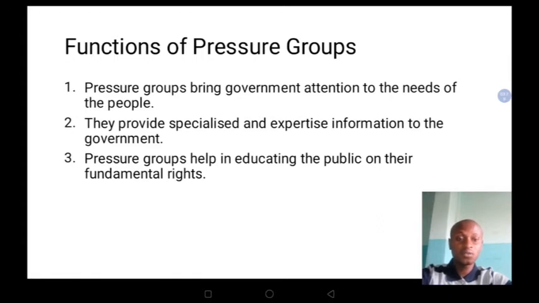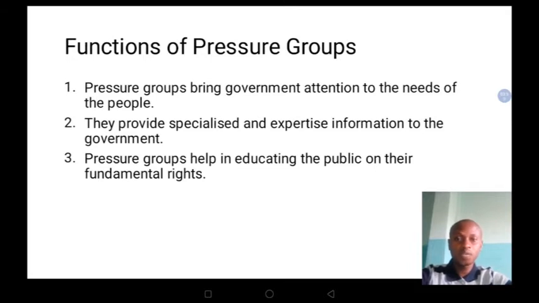They can do that. We also have NUT, Nigerian Union of Teachers, made up of professionals, teachers, and these people can offer good advice to government on how to improve our educational system. So we have so many of them that have capacity to offer specialized information, expertise to the government.